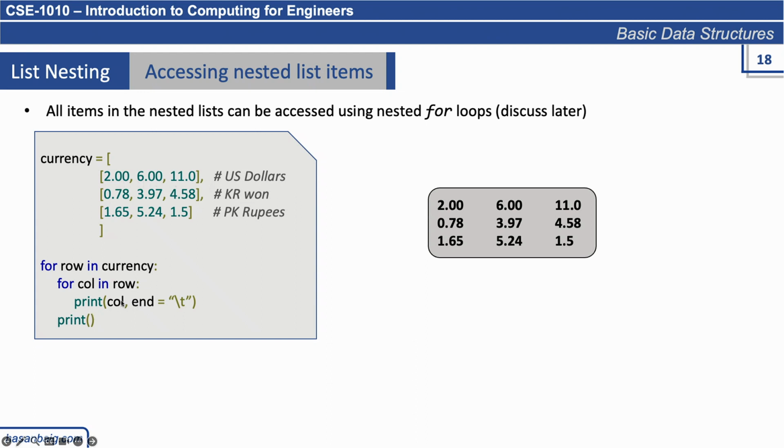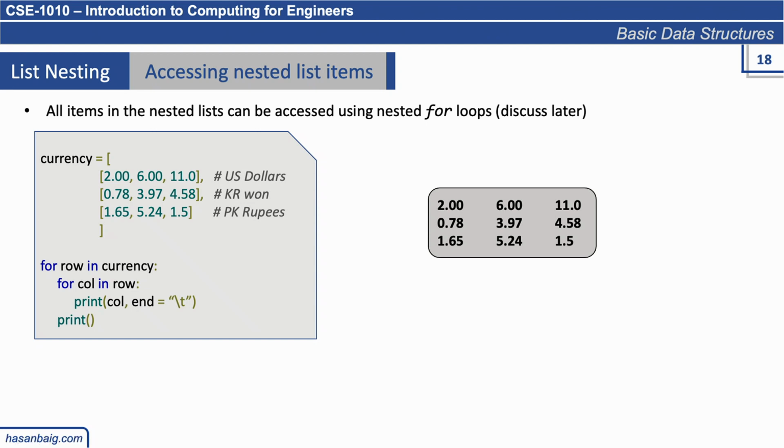We are just printing the value of column, and again the print has a default behavior of changing line. We can override that behavior by updating this argument end equals \t. Remember we talked about the default parameters in functions, right?